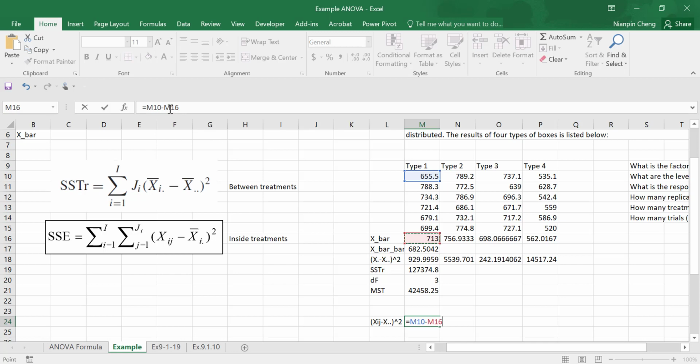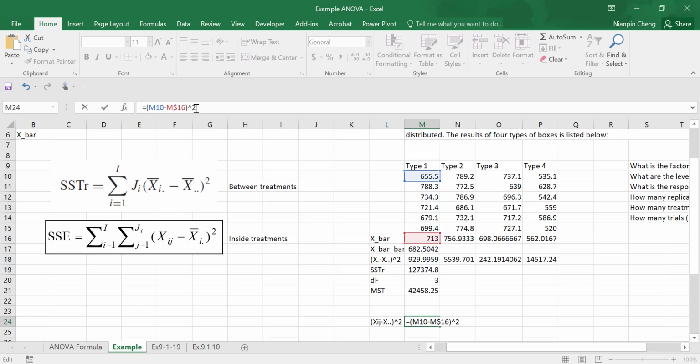So here we fix this row, and then this value needs to be squared. The purpose of squaring is that if it's negative, I still get a positive value, so I can add all together. Otherwise, positive and negative will cancel out.